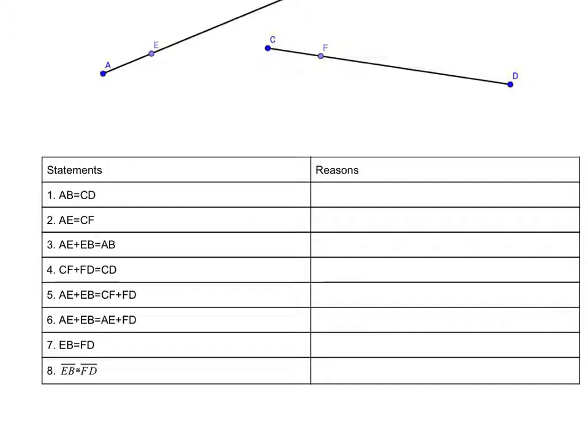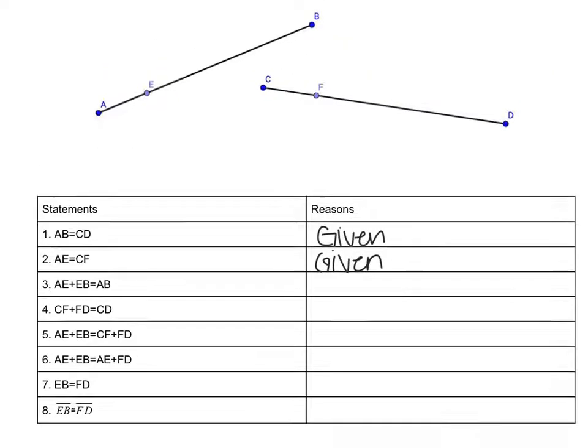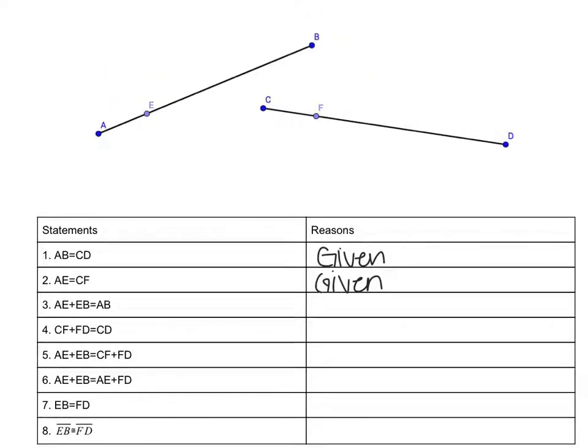Well, if I look at our first two statements, AB equals CD and AE equals CF, those were my two given statements, so their reasons are going to be given. Next, we have AE plus EB equals AB, which, if we look, E is between A and B, which means that statement comes from segment addition.